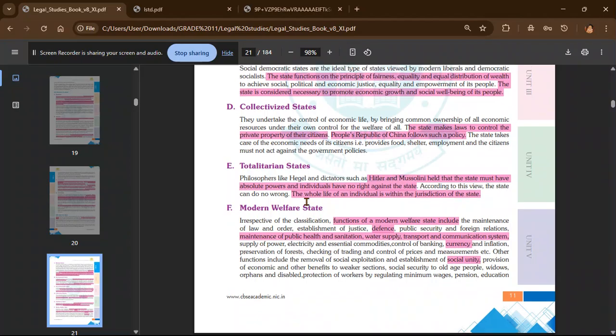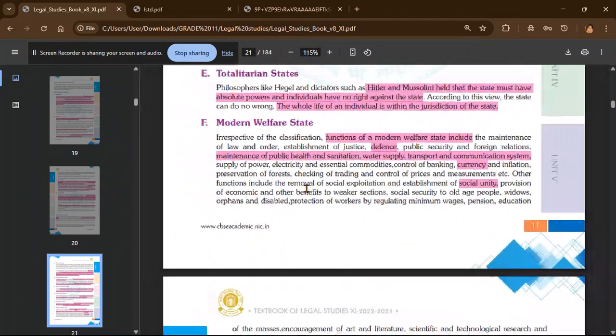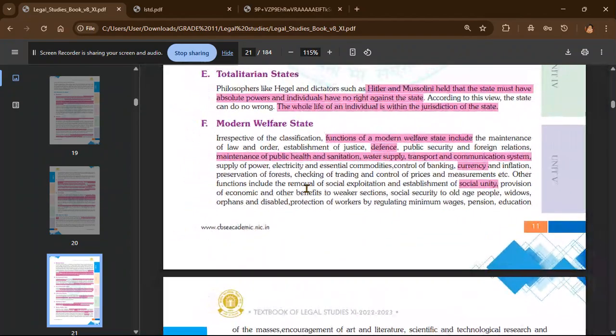Then you have totalitarian states. So these states, like you have seen, philosophers like Hegel and dictators like Hitler and Mussolini held that state must have absolute power. मतलब state के पास पूरी power होनी चाहिए. The citizens of the state residing within the state have no power at all.